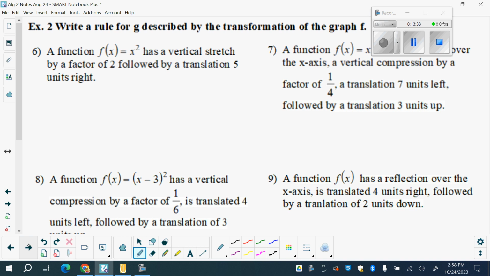So we've got a function, f of x equals x squared, and we want to write a rule for g. G is going to be our new function, described by the transformation of f. So our new function is going to be g of x. So the f of x is x squared, and it has a vertical stretch by a factor of 2. Where would we put the 2?